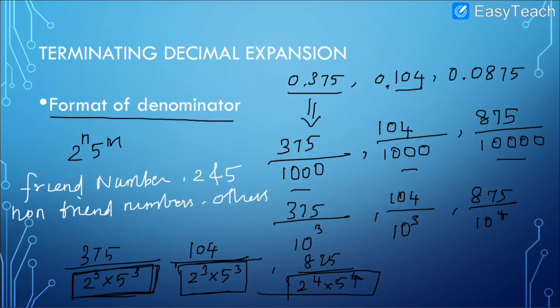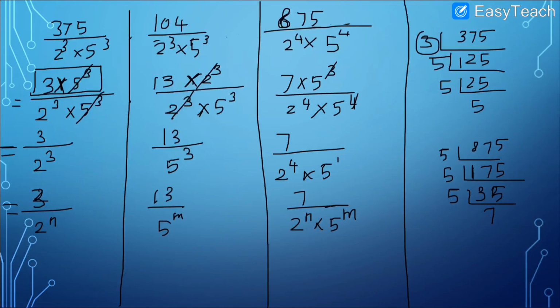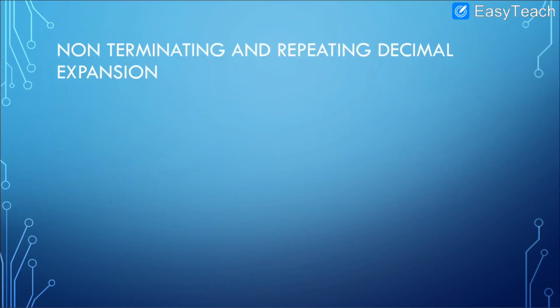Next I want to explain the non-terminating decimal expansion with a simple example. I take 1 by 7. Look at the denominator: we don't have the friend number 2 or 5, right? So I want to do the long division to prove this rational number has a non-terminating or repeating decimal expansion.